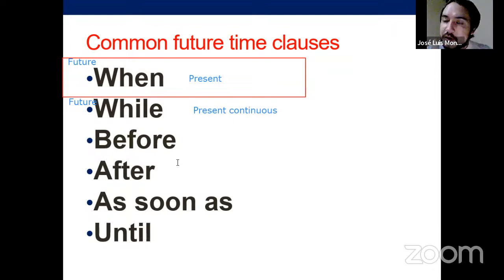One more time, please. The first part was not that clear. What will you do? I will eat while my mom is driving. Yes, that's perfect. I'll eat while my mom's driving, right? I'll do any action while someone else is doing another action, right?